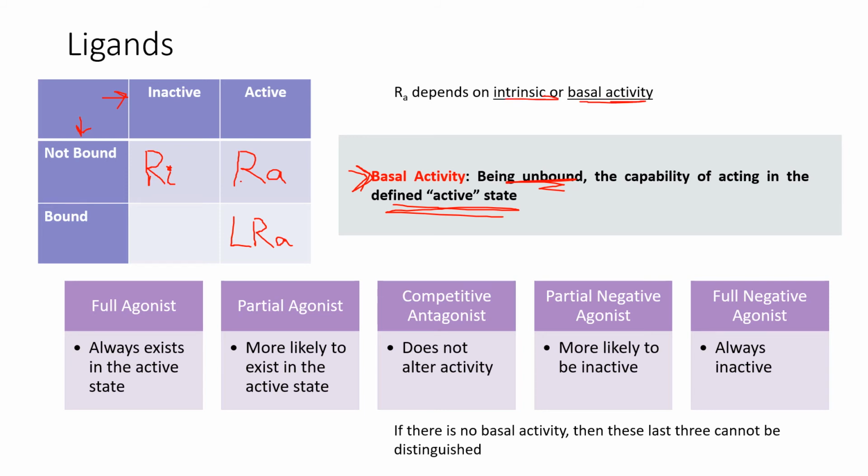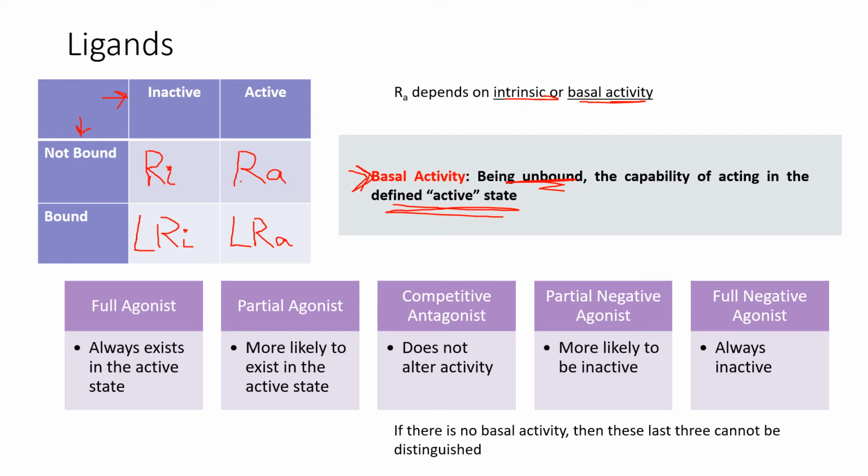These are receptors that are not bound but can still perform actions of the active state. And then there's also a case where you have a ligand-bound receptor, but it is inactive. Even though they're bound to their ligand, they are still not performing the behaviors of an active receptor.